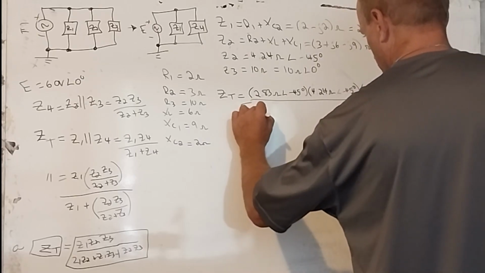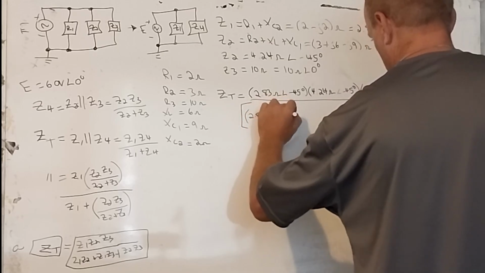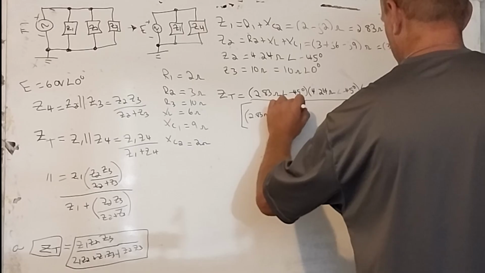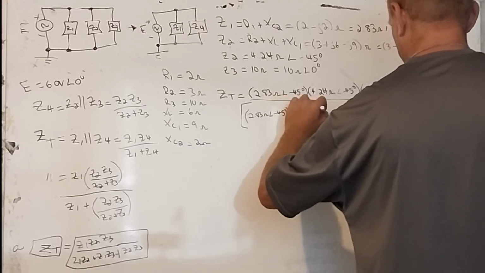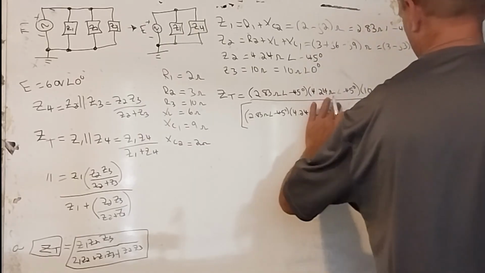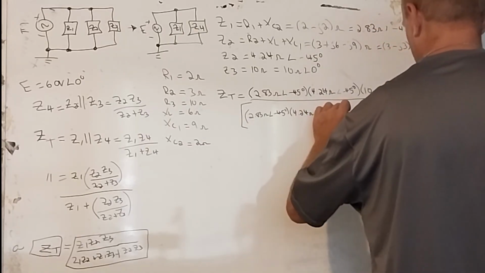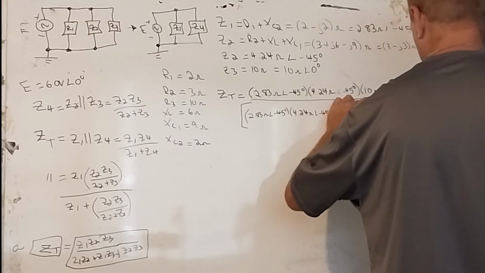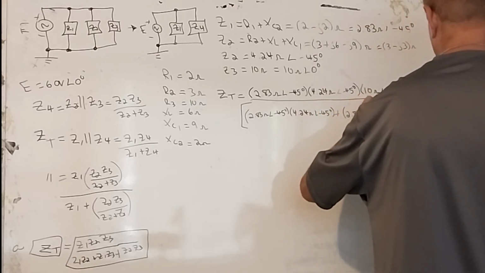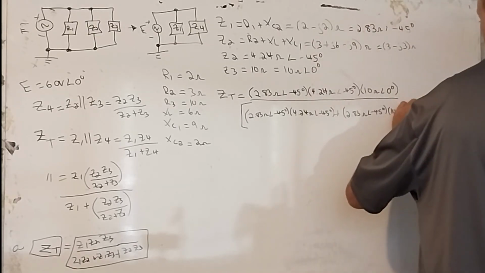2.83 at an angle of negative 45 degrees times Z sub 2, which is 4.24 ohms at an angle of negative 45 degrees. We're going to add that to Z sub 1 again times Z sub 3, and add that to Z sub 2 times Z sub 3.